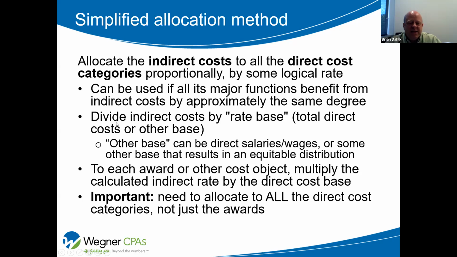The middle two bullets are really language taken from the uniform guidance that discusses the specific mechanics of doing this process. But a basic summary is what we have up here: you allocate the indirect costs to the direct categories proportionally by some logical rate.